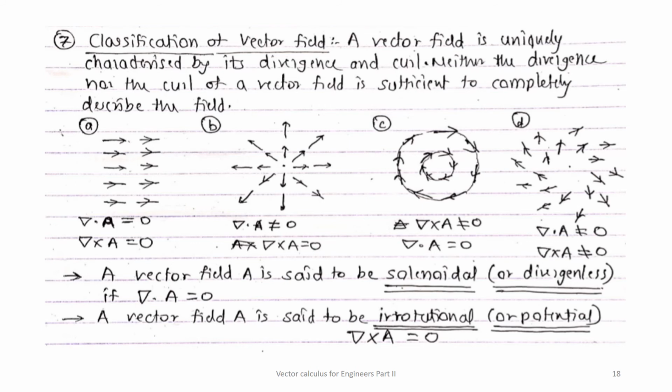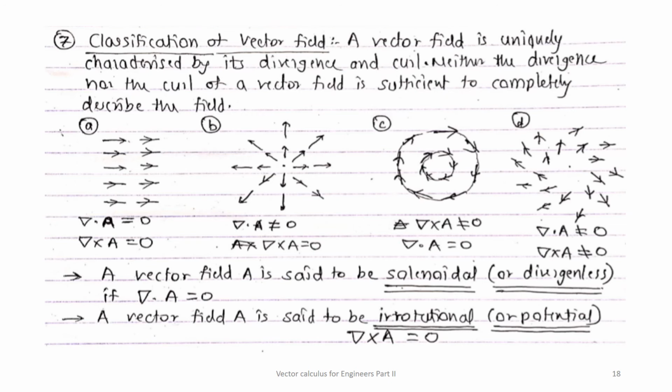In the third diagram, there is a rotation, so curl of A is not equal to 0. But there are no vectors moving away from a point, so divergence of A is equal to 0. In the last diagram, divergence of A is not equal to 0 because all points, even though they are not in one direction, are moving outward.